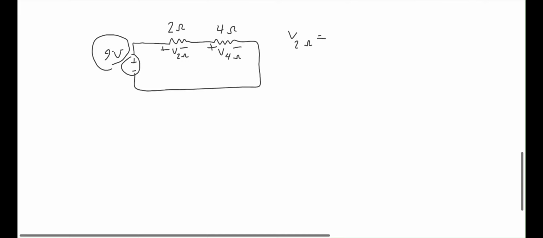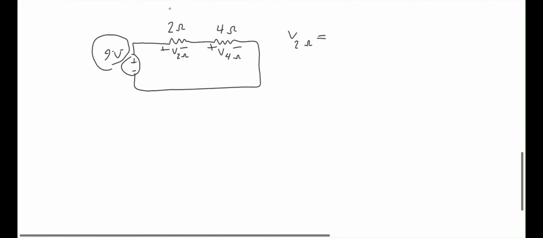V of 2 ohm equals, as we just mentioned, there is a direct relationship between resistor and voltage. So if 2 is half of 4, I can very quickly come to the conclusion that the voltage of 2 ohm has to be half of the voltage of 4 ohm.